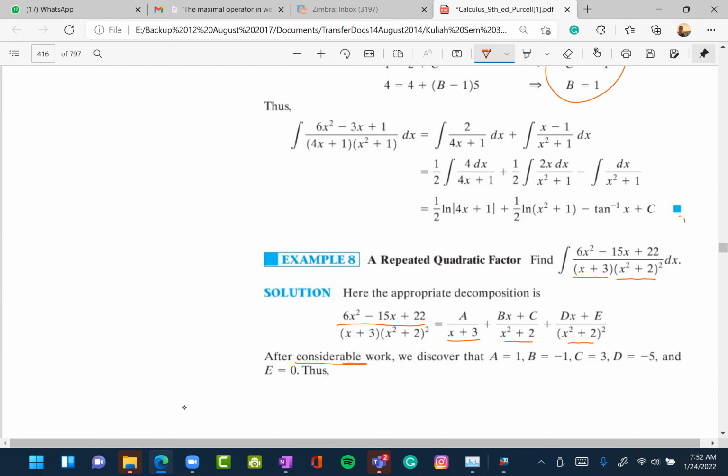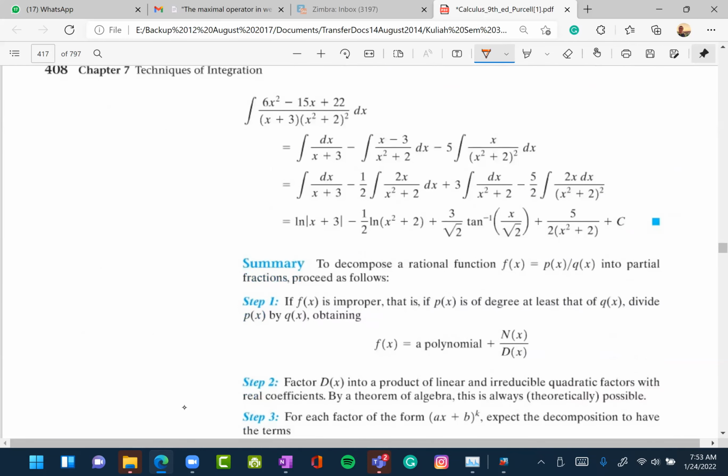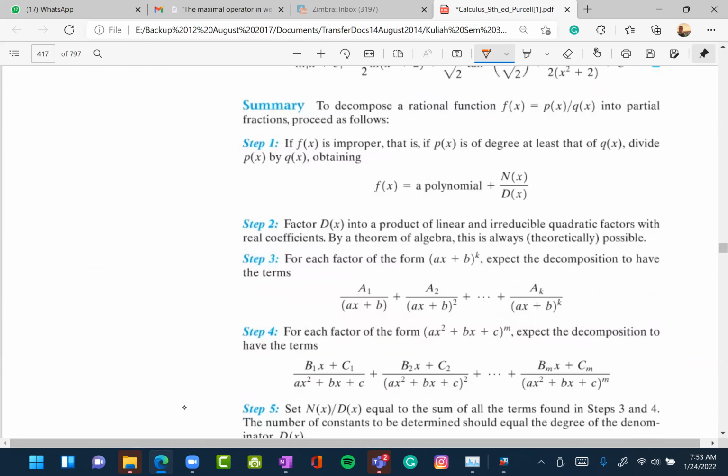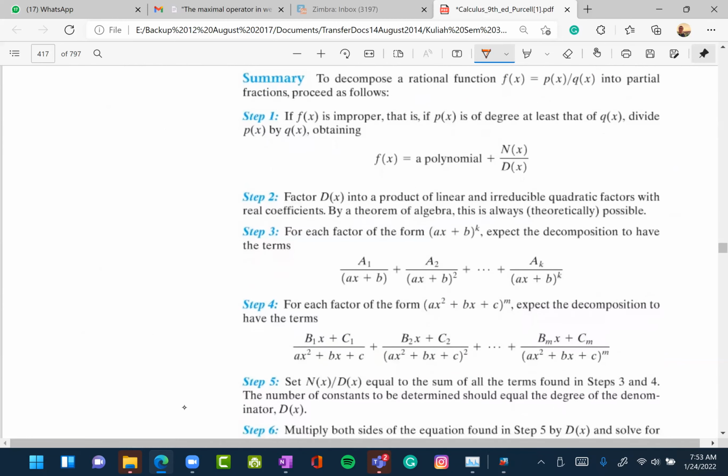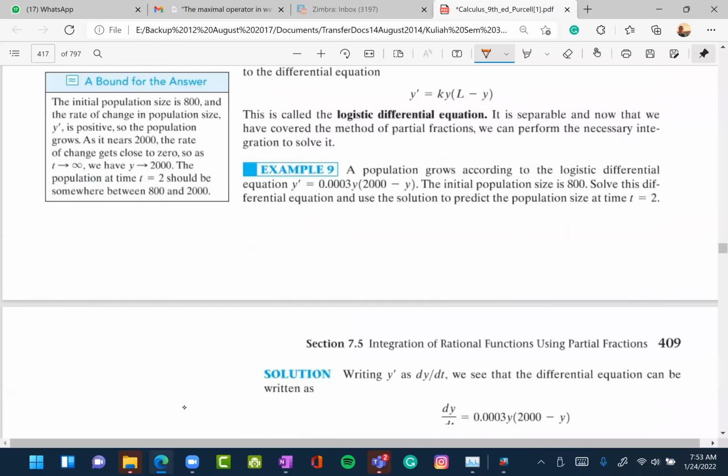After considerable work, you can solve this one. All right. So that's the idea. Do you understand the logic?